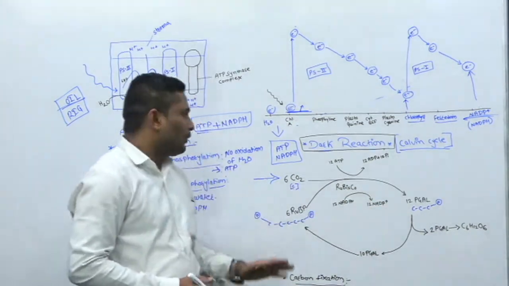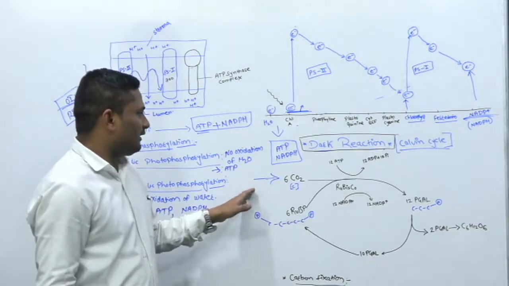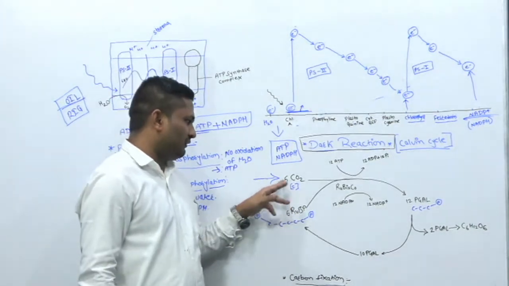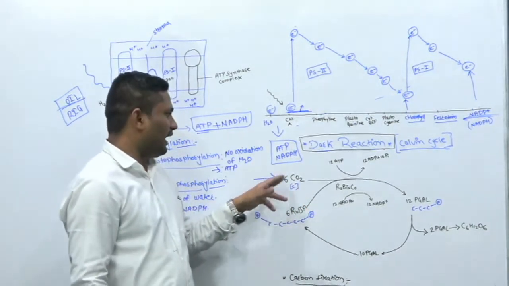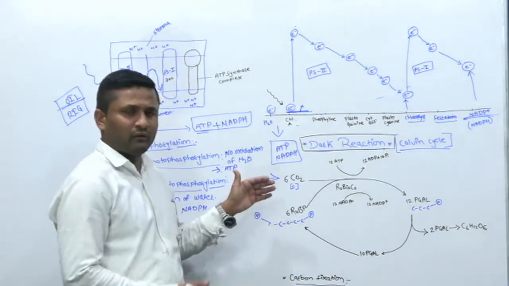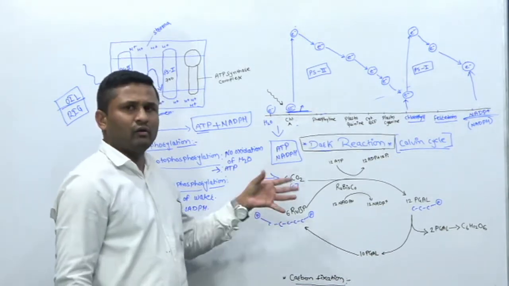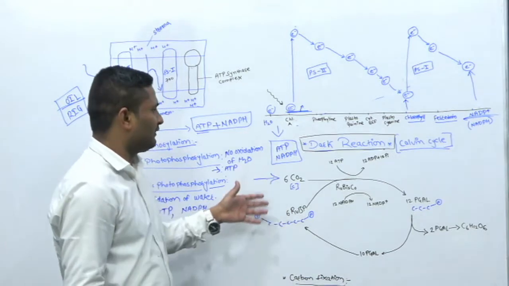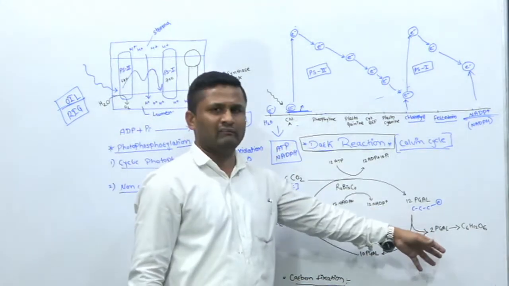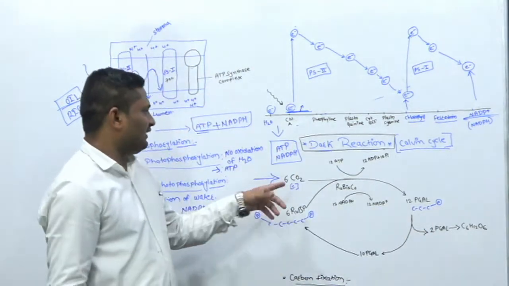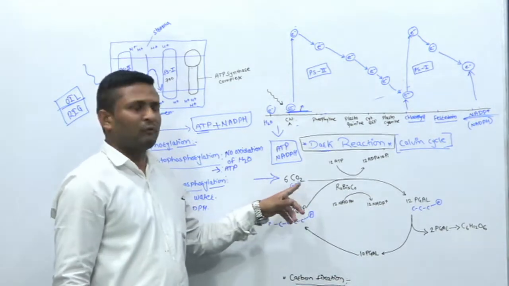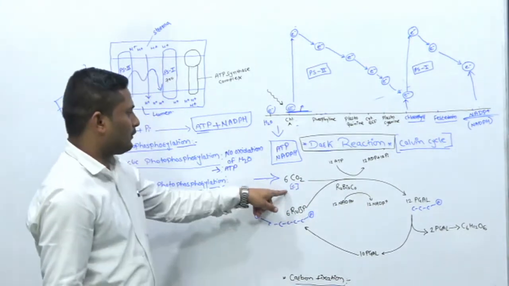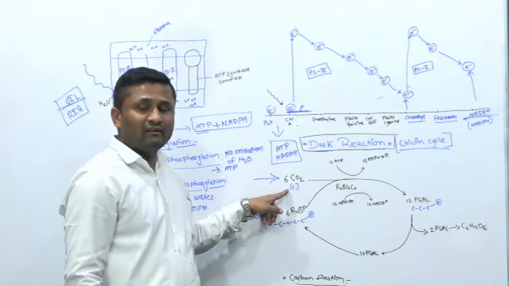Now what is happening here in dark reaction, this CO2, I have written it as 6CO2 and I have given the numbers. Actually those numbers are not needed, but I have given them for your better understanding. Now see here, 6CO2, that means 6 molecules of carbon dioxide are there, and each CO2 has 1 carbon.